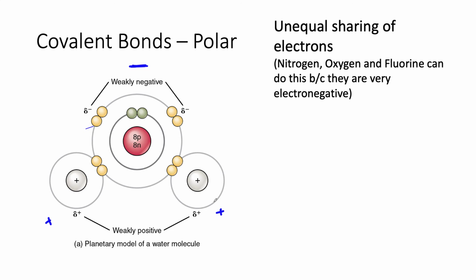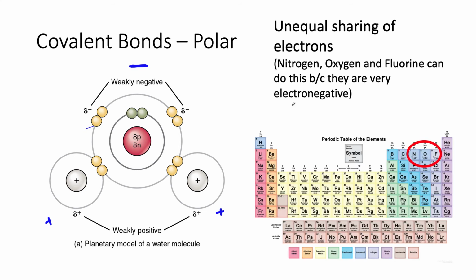So you don't have a charged molecule here, but just because the electrons are having an electron party over here means that this side is going to be a little negative and this side is going to be a little positive. Now, the only elements that can do this, that can sort of unequally share electrons, are going to be nitrogen, oxygen, and fluorine. We don't see fluorine in the human body much, but you certainly are going to see nitrogen and oxygen in the body quite a bit.